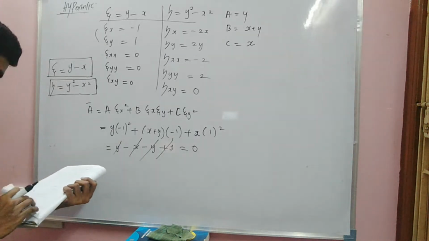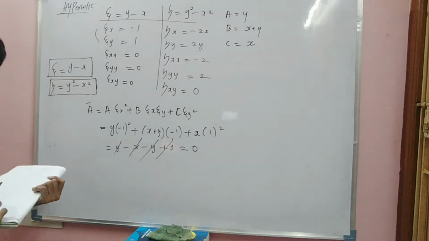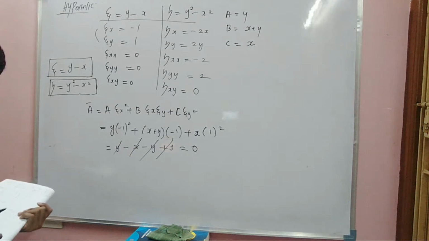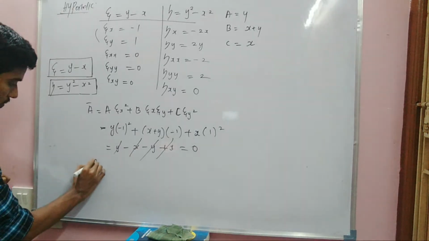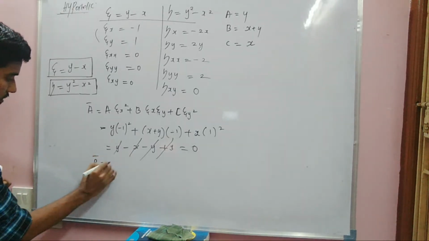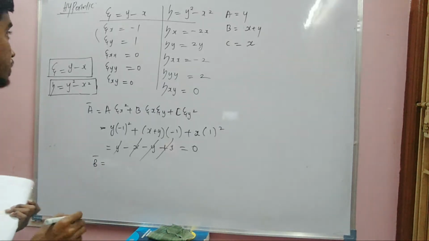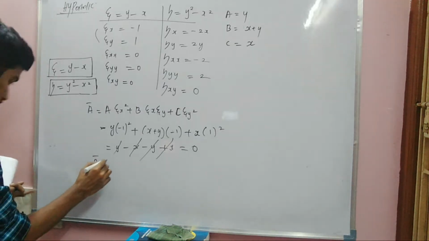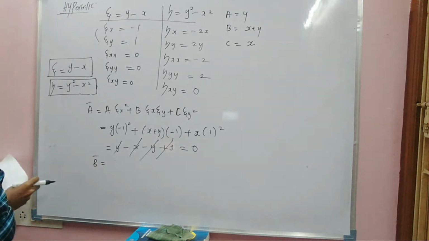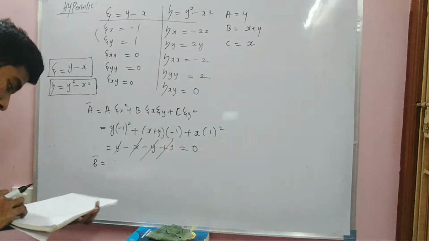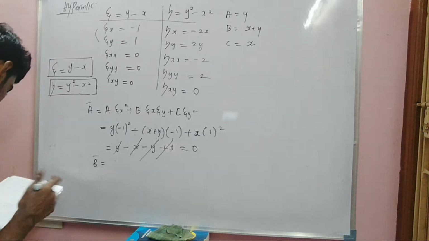So now you find B bar, right? B bar is 2a.